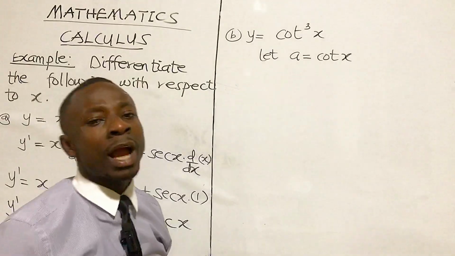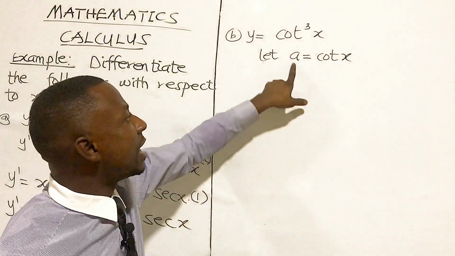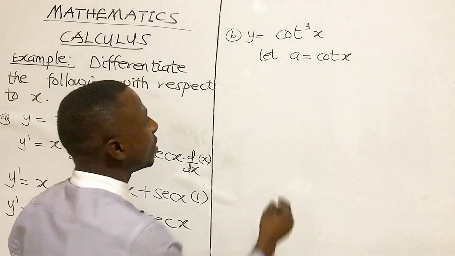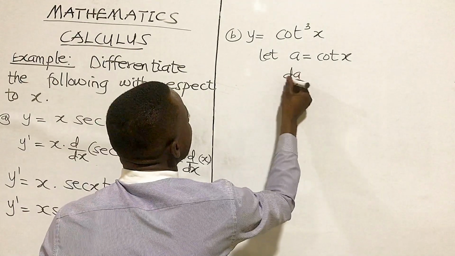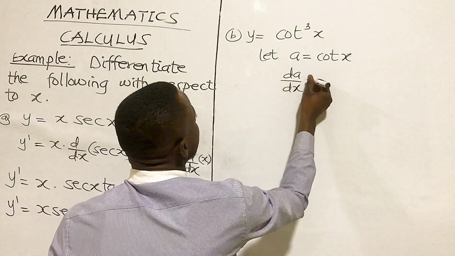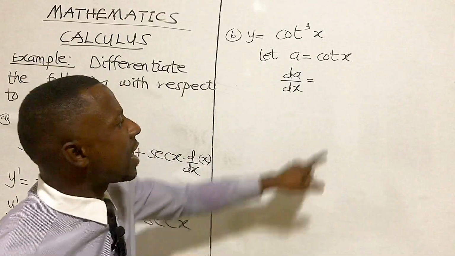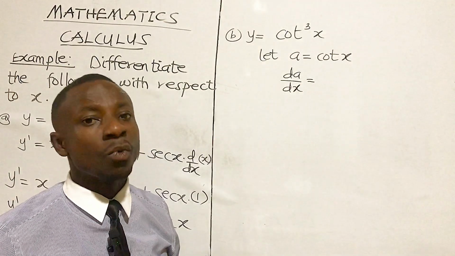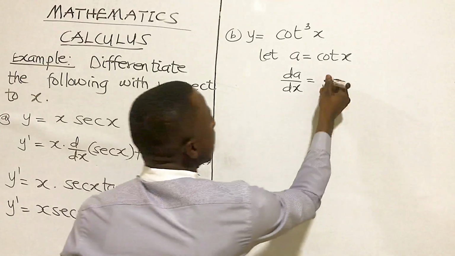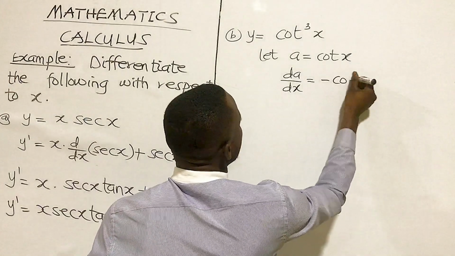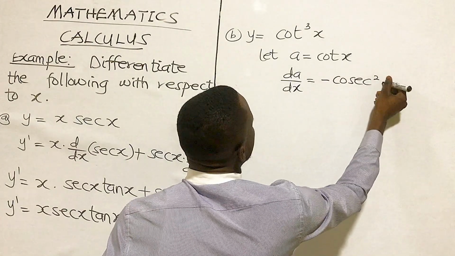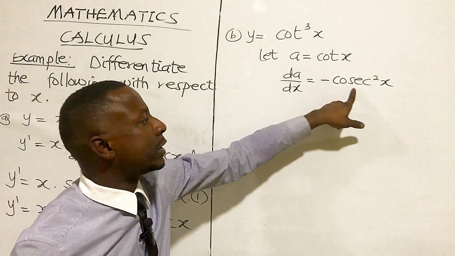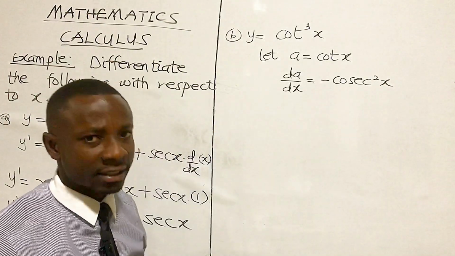From here, we are going to differentiate a with respect to x. So we have da over dx is equal to, when we differentiate cot x, we get negative cosec squared x.